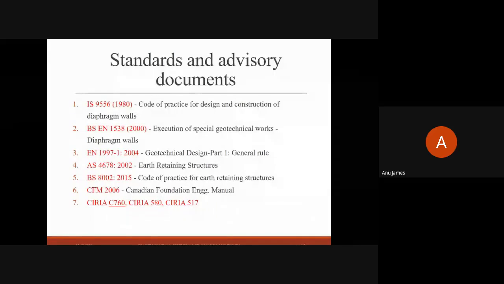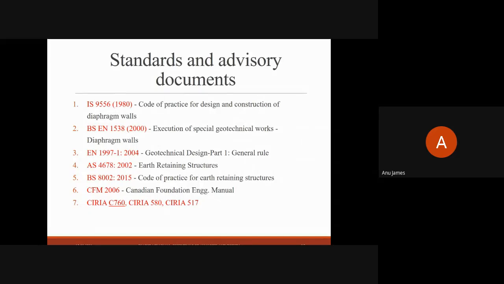This does not provide enough information on analysis specifications and other reinforcement requirements. On the other hand, the European counterpart, BS EN 1538, execution of special geotechnical works, diaphragm walls, provides more information on specific reinforcement requirements on diaphragm walls than our Indian standard.